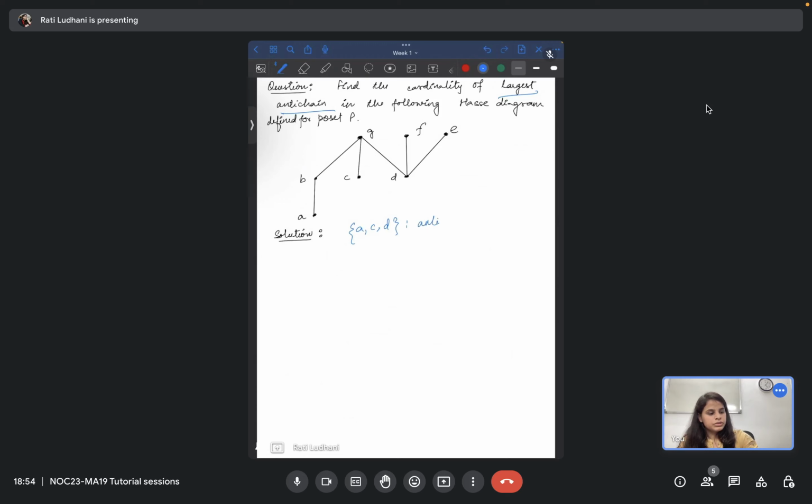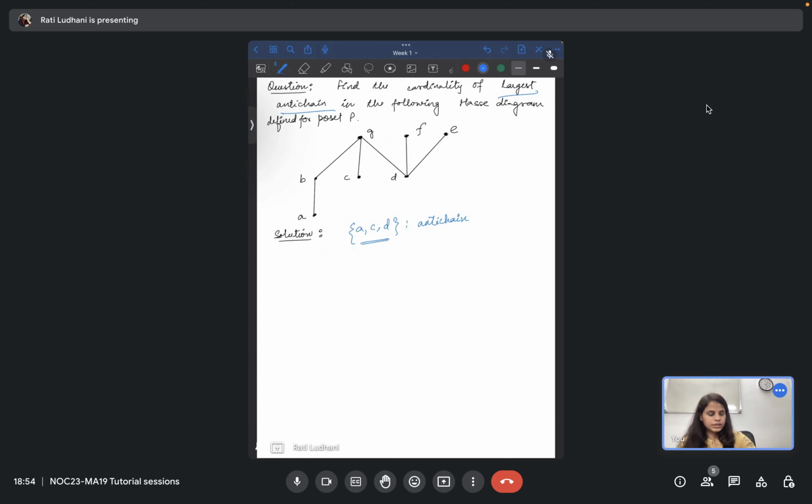Very good. So you have to see what all the anti-chains are, pick the largest one, and state its cardinality. That is the question. Can you see, in this ACD, can you put anything extra so that it is still an anti-chain?